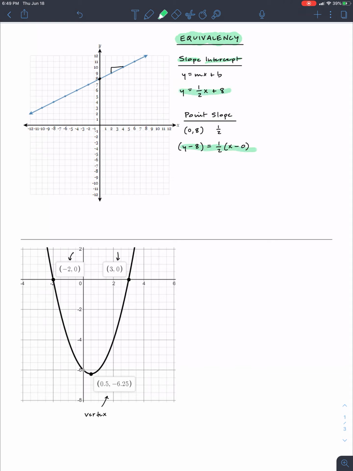All right. And then we have our last form. We have what we call standard form, which has its uses, but still equivalent. Maybe we don't use it as often, but it's still equivalent. And standard form just says, hey, get rid of fractions. We don't like fractions in our line. So what we can do is actually use our slope-intercept form.